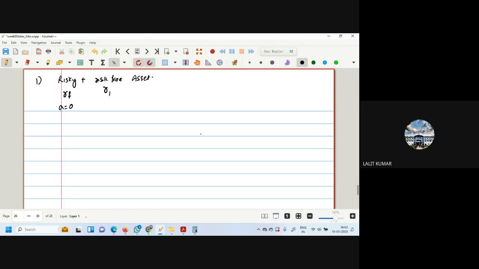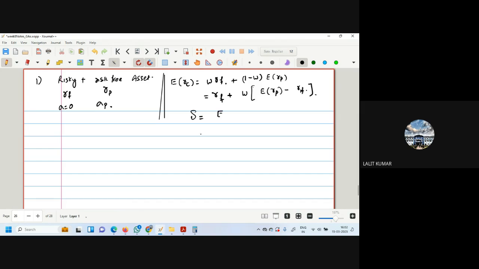This is, for example, RP, sigma is sigma P. So in this case, your expected return ERC is equal to 1 minus W into ERP, sorry, plus W into RF, and this will become RF plus W into ERP minus RF. Okay. And you define Sharpe ratio is equal to ERP minus RF divided by sigma P.